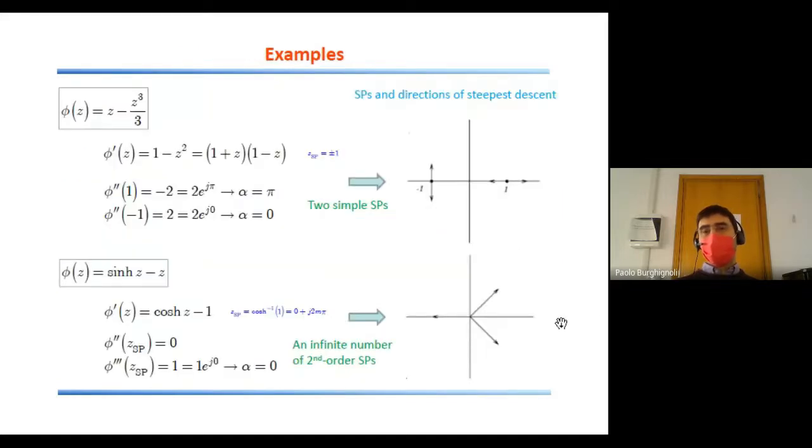This gives us the directions, which are pi over 3, and then 3 pi over 3, which is equal to pi, and 5 pi over 3. So we have 3 steepest descent directions originating from the saddle point, which is a second-order saddle point. Of course, they would alternate with the steepest ascent directions, which are the bisectrices of those 3 angular sectors, but we are not interested in them for the asymptotic evaluation, okay?